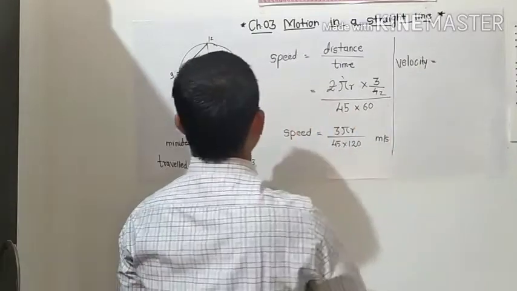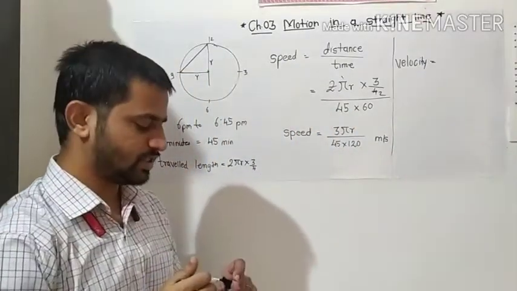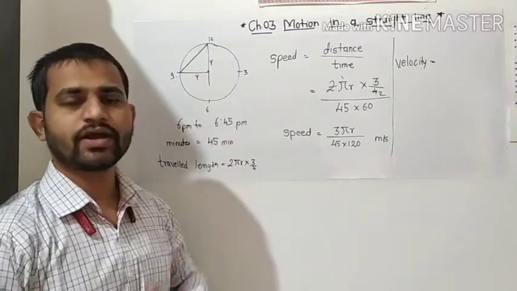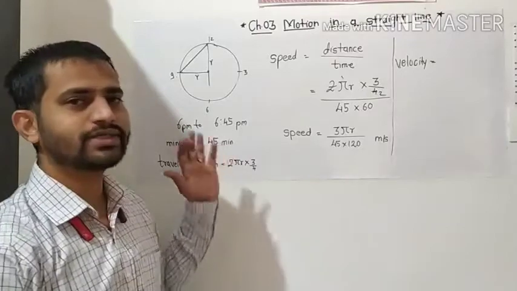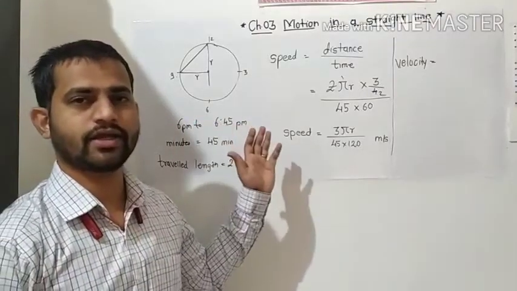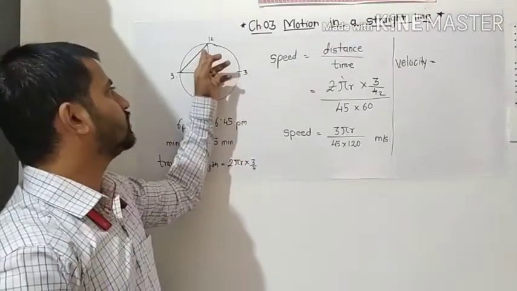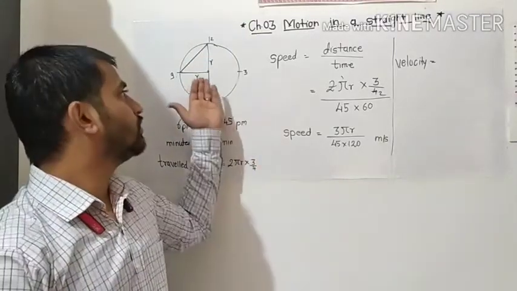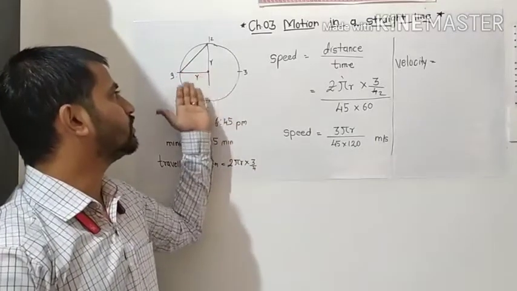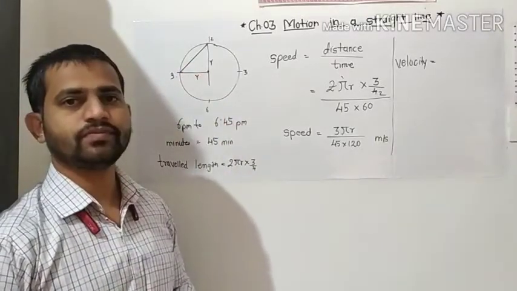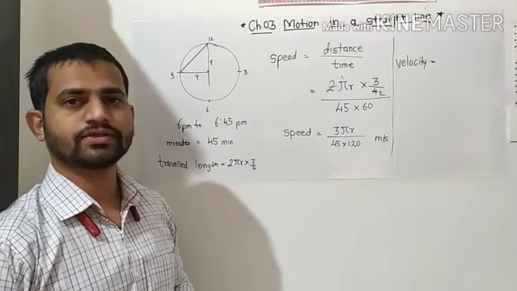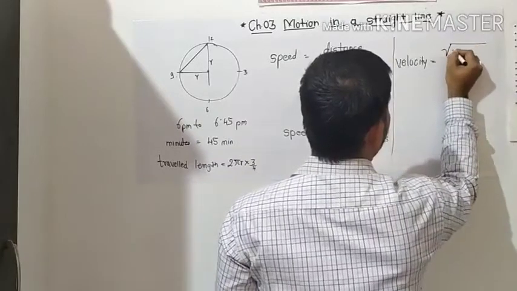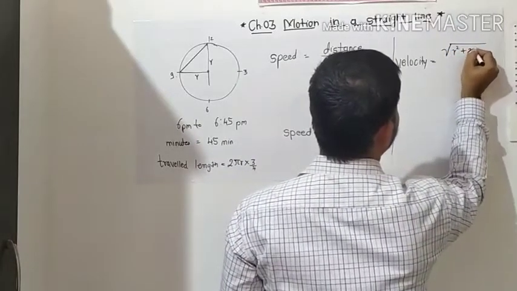displacement. How can we calculate the displacement here? How much is this distance? We have to consider a right angle triangle here. Then this total distance is the hypotenuse, which will be the square root of r square plus r square.